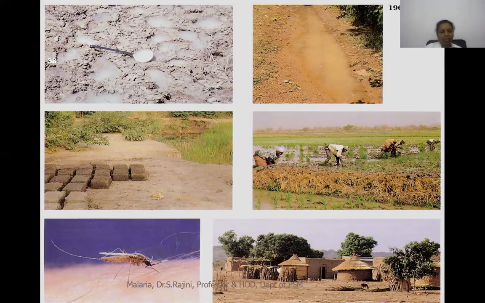That's why we ask them to go for intermittent irrigation. Agricultural farmers store the water for 1 week. Later on, they let it dry for another 2 days, and after that, again they can store the water. This way they can stop the breeding of the mosquitoes.